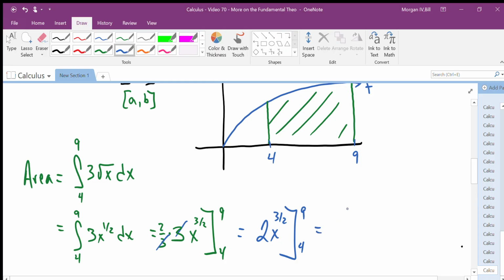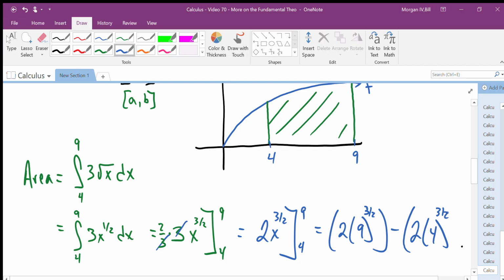And so the fundamental theorem of calculus says I'm going to take the 9 and plug it in, and then subtract, plugging in the 4. So it will be 2 times 9 to the 3/2 minus 2 times 4 to the 3/2. Again, this is capital F of b minus capital F of a here.